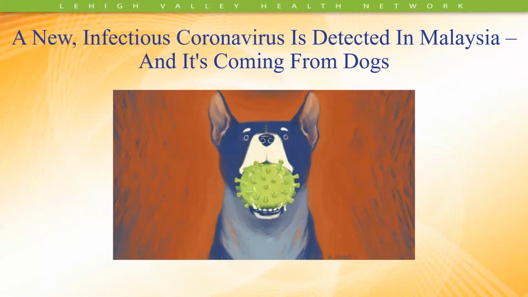Now, there's also concern about this being in animals, and dogs especially. They're talking about this canine coronavirus that was detected in Malaysia, and it's coming from dogs. So there's a concern that there's another coronavirus out there. I know that some of the zoos throughout the country are vaccinating animals that could be susceptible to coronavirus. So we could have, in some areas, animals vaccinated, but human beings not.